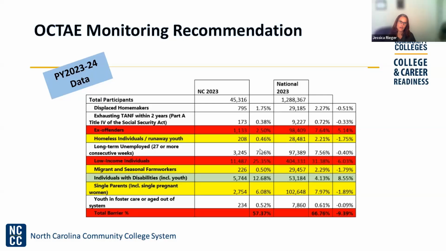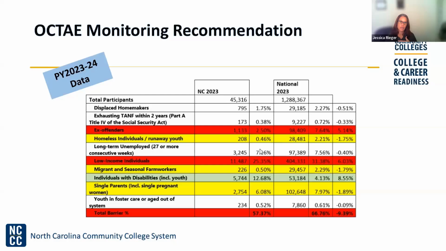One of the things that they found was that we have some inconsistencies in our data reporting, specifically our low-income individuals, our ex-offenders, and a couple other categories. The ones that are highlighted in red are ones that are below the national average.